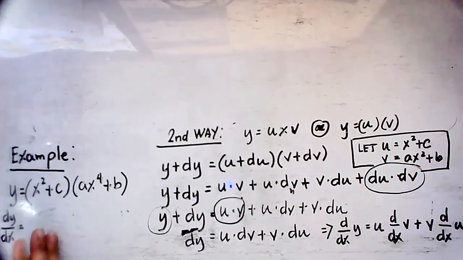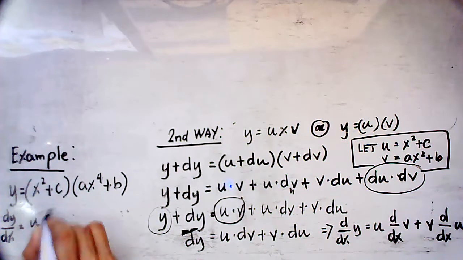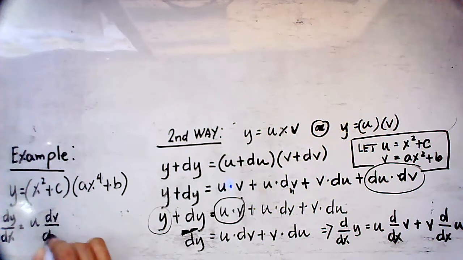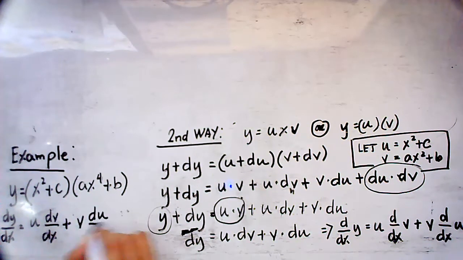So let us say we are going to use this formula. Dy over dx is equals to u times dv over dx plus v times du over dx.